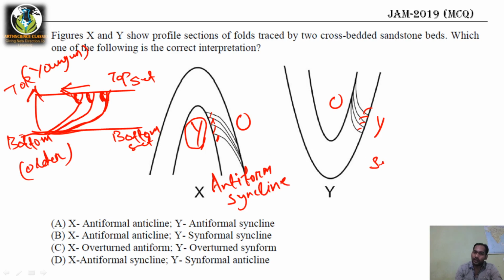Here this is synform, the shape is closing downward, and older at the core, so synformal anticline. So X is antiformal syncline and Y is synformal anticline. So the fourth one is the option.